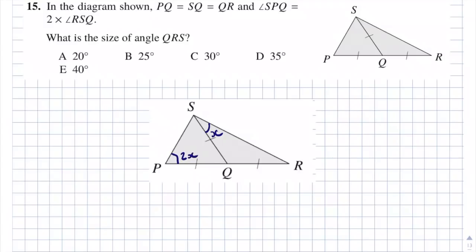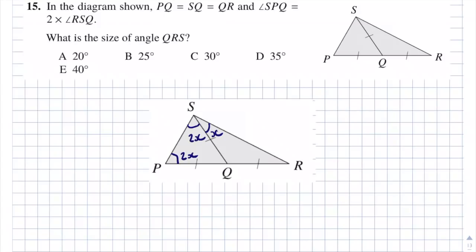Now, because both of these triangles are isosceles, and we're told that SQ is equal to PQ, so they have the same side lengths, that means they're also going to have the same angles. So the angle PSQ is also going to be equal to 2x.